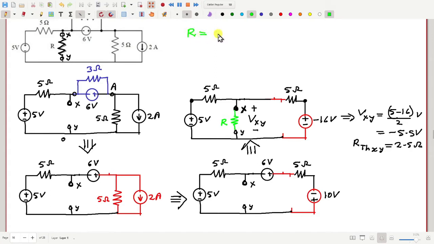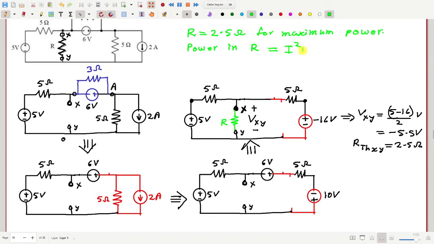R should be equal to 2.5 ohm for maximum power. And then how much will be the power when R is equal to 2.5 ohm?